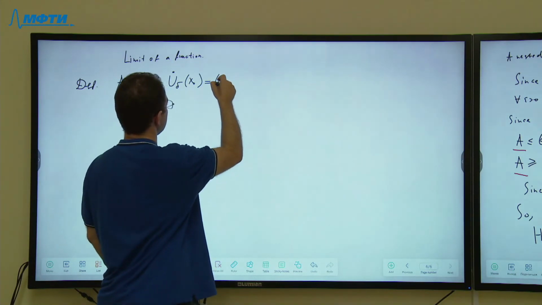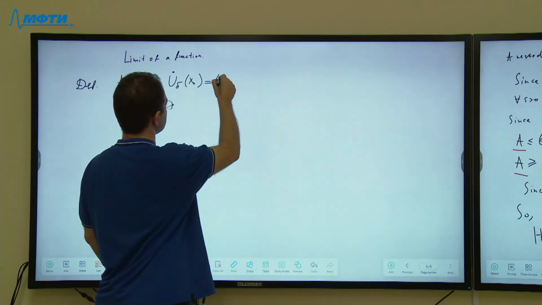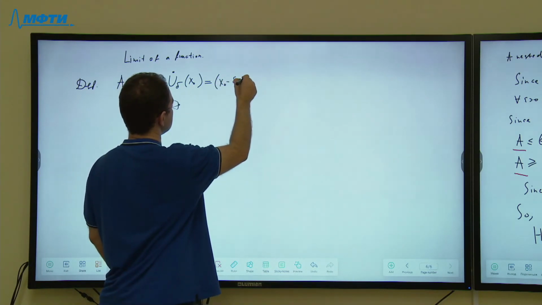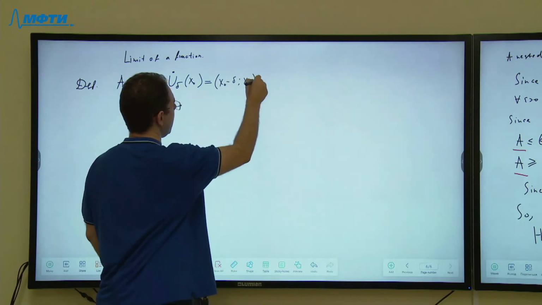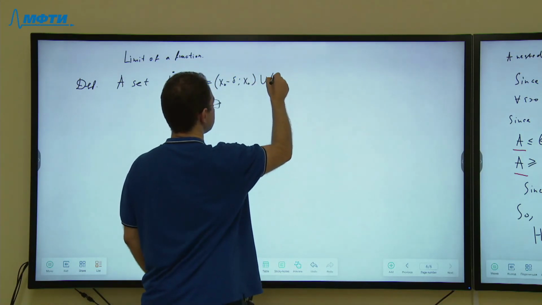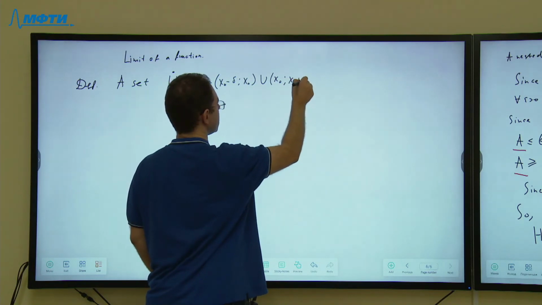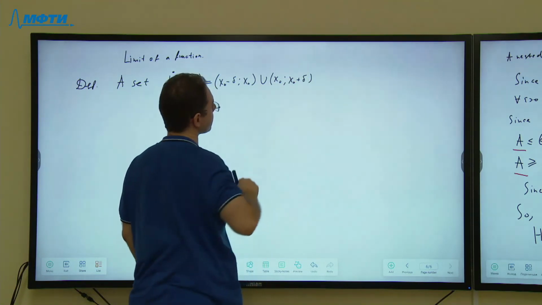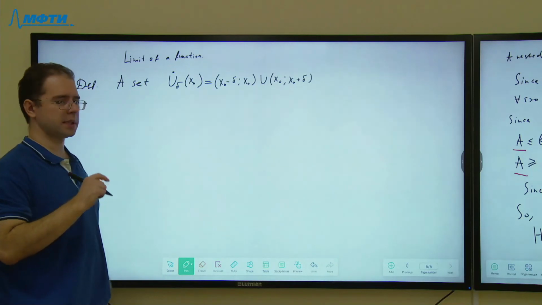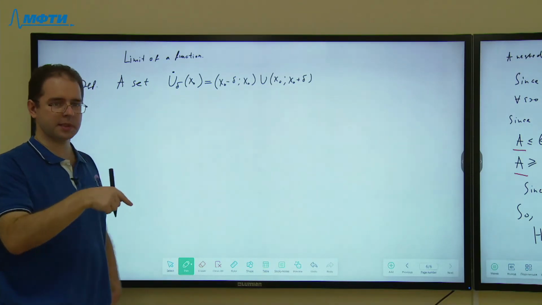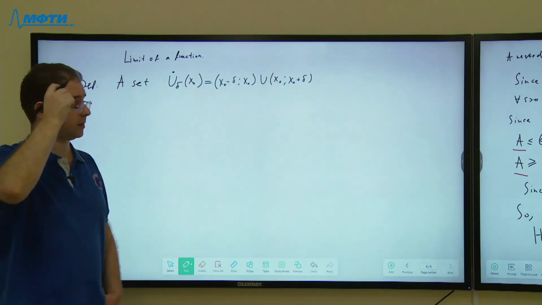This is the interval from x0 minus delta to x0, and from x0 to x0 plus delta. So this is a neighborhood of x0 except x0 itself.